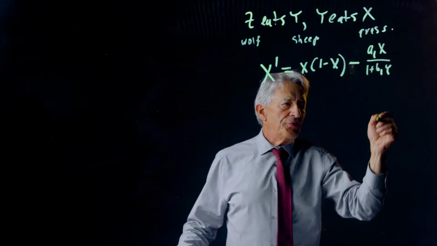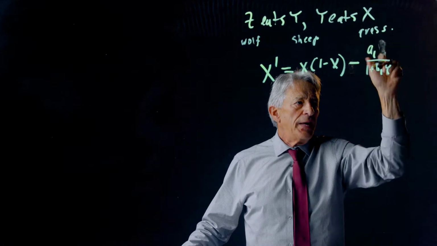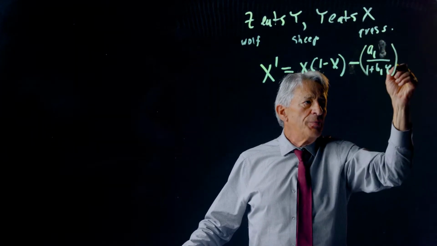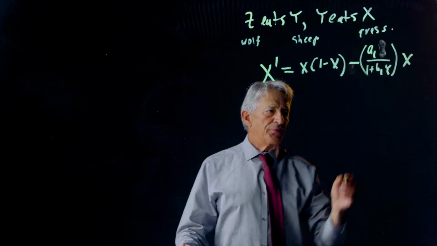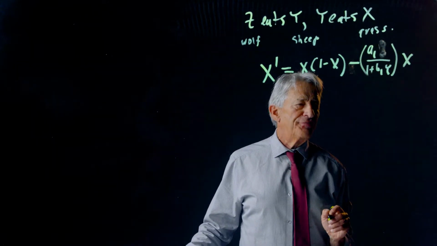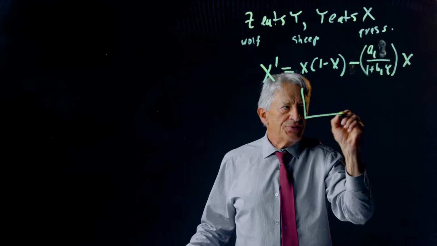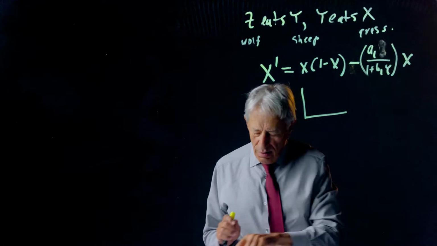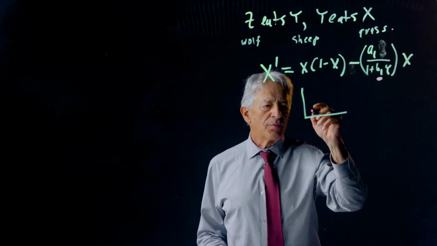So if you think about this, let's think about this as A1 over 1 plus B1y times X. And this is the saturating predation function. And you remember that B1, and this is what we're going to use as our control parameter there.